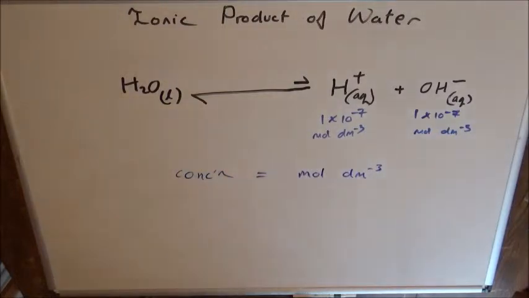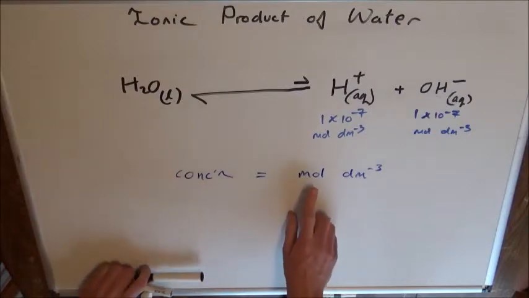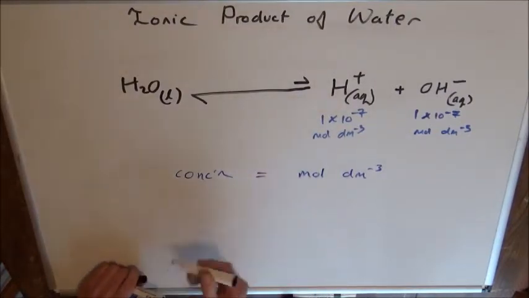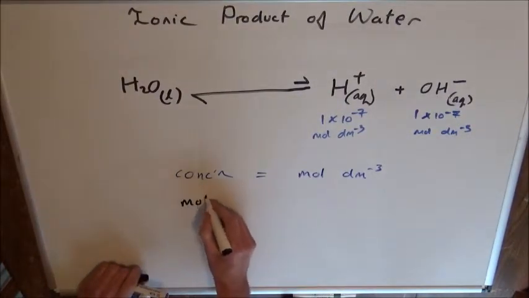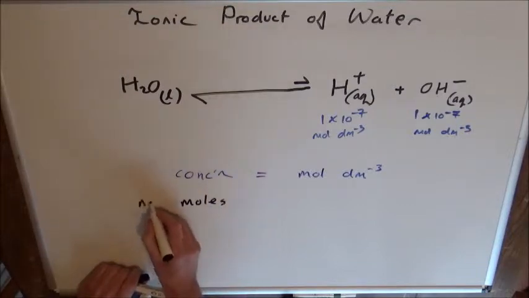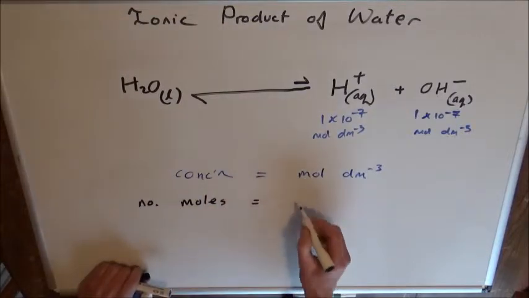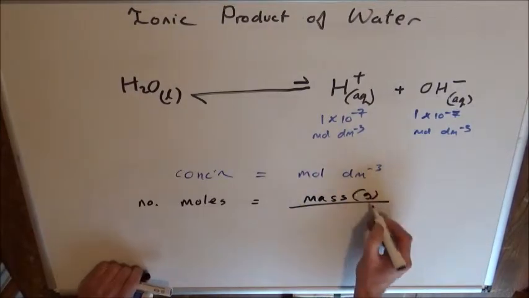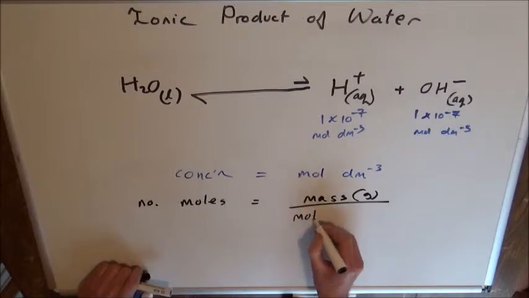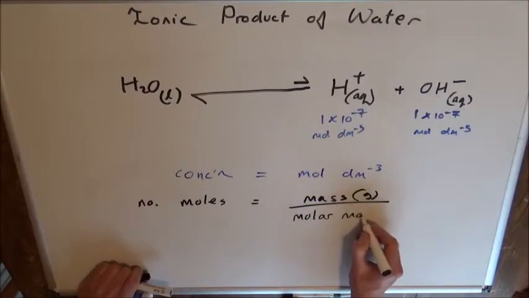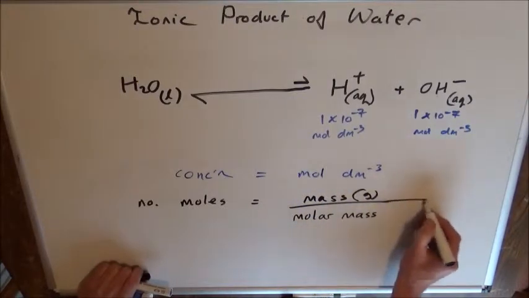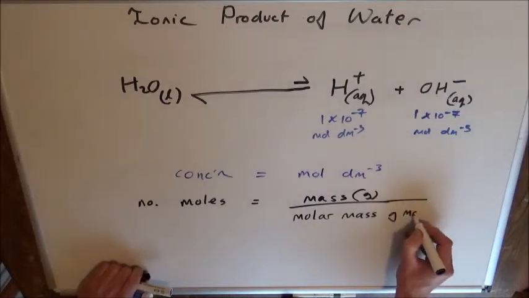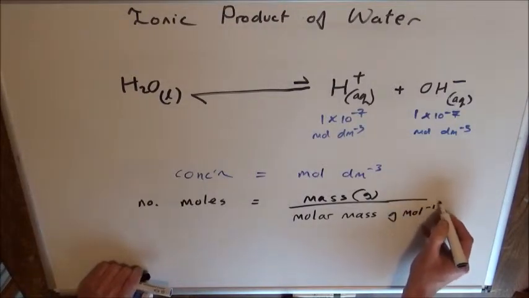Okay, so to do that I need to first of all work out the number of moles, and the number of moles equals the mass of the substance in grams divided by the molar mass, and this has units of grams mole to the minus 1.